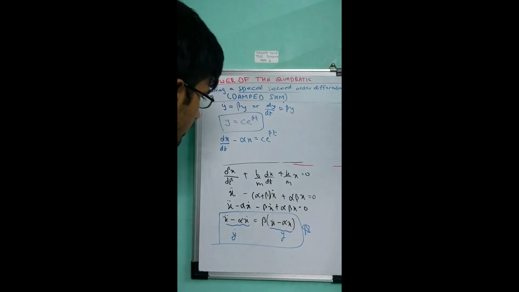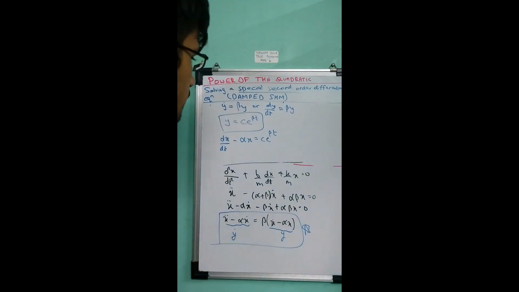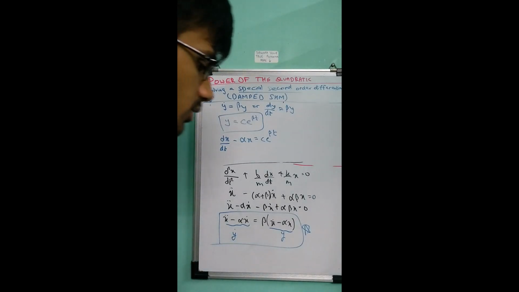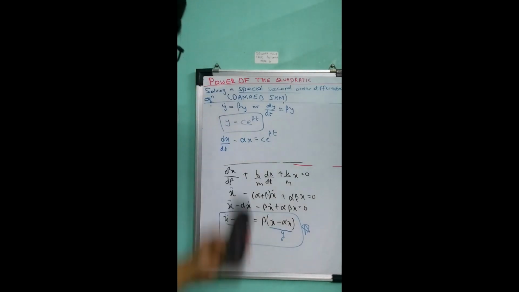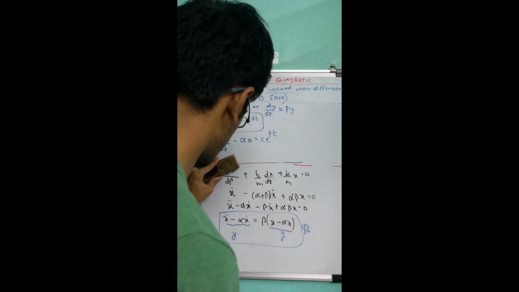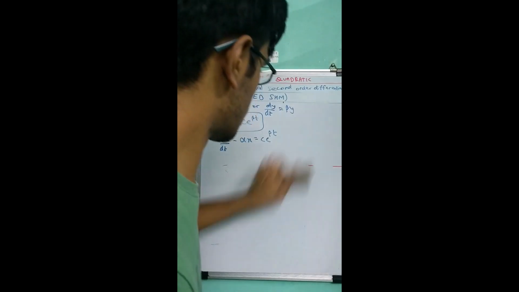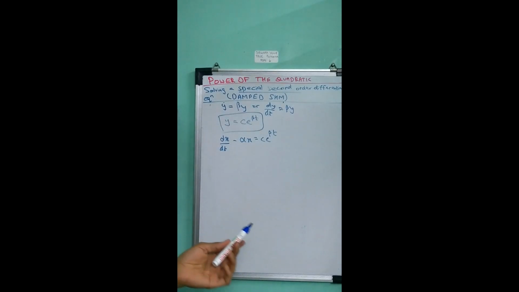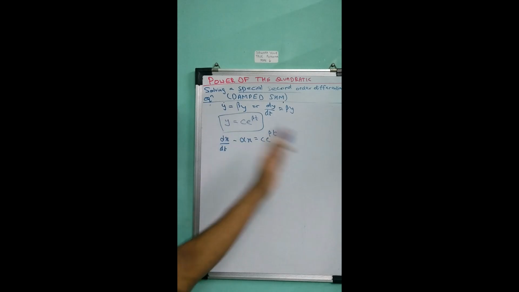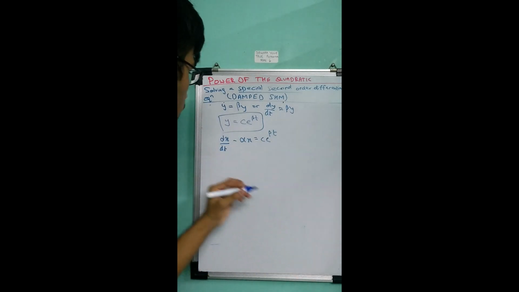Okay, now how do we solve this differential equation? This is actually a standard form, but for those who haven't studied differential equations completely, it's not so complicated, I'll just tell you. Right, so this is over. What we'll do is multiply the LHS and RHS by e to the power minus alpha t.